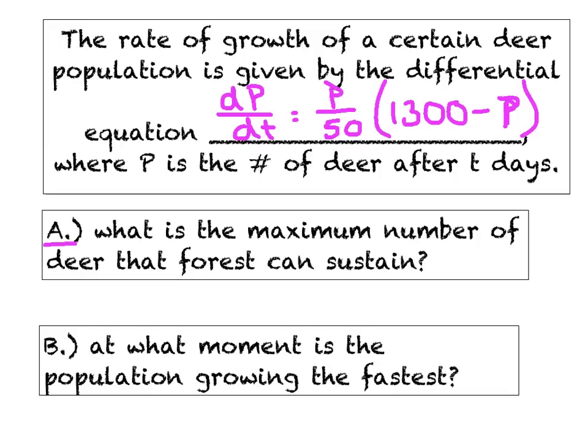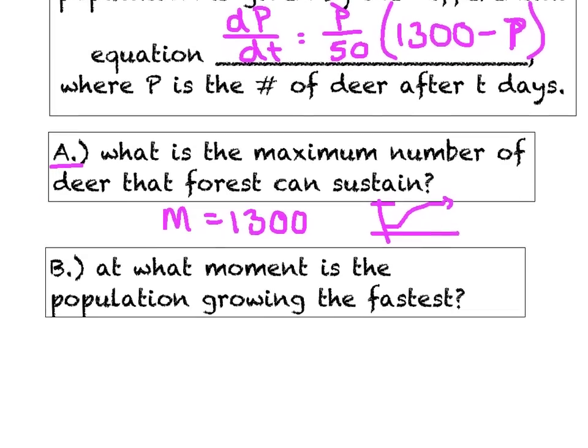So simply here's two very typical questions. What is the maximum number of deer that the forest can sustain, whether it be because of food or whatever the case might be? We're going to simply say that m equals 1300. That's the maximum number of deer. If we did graph the solution curve p, it would look like this, where it is asymptotic to the line y equals 1300 or p equals 1300.